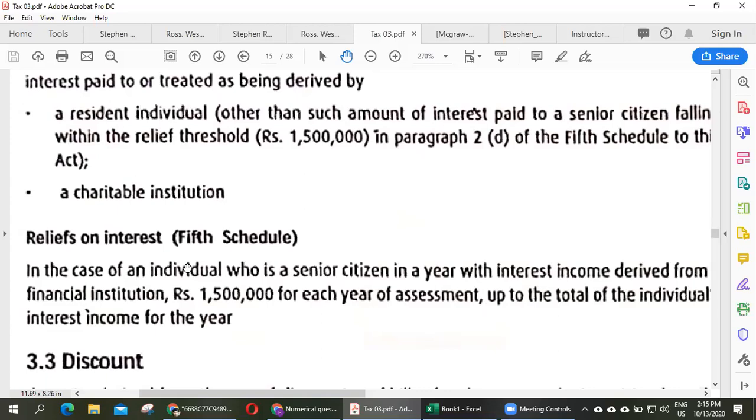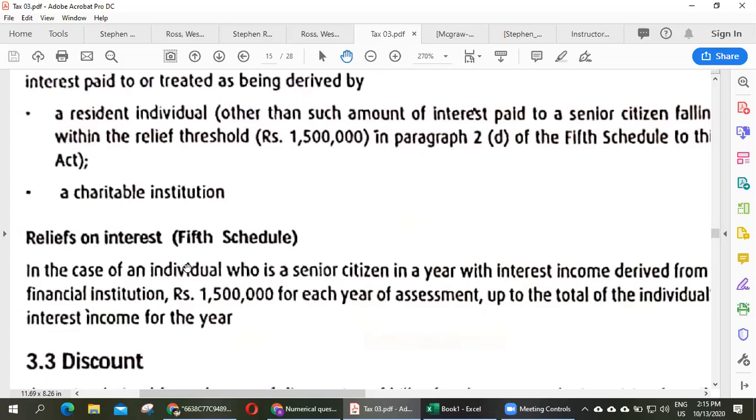And charitable institutions, as I told you earlier, there are some institutes maintaining orphanages, right? Orphanages and elder people, sick people, they are maintaining sick people. So for those institutions, the government also does not charge tax on interest income.